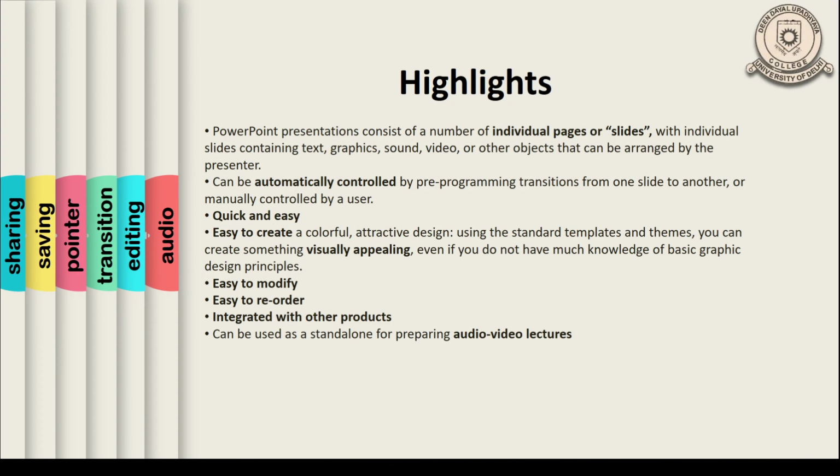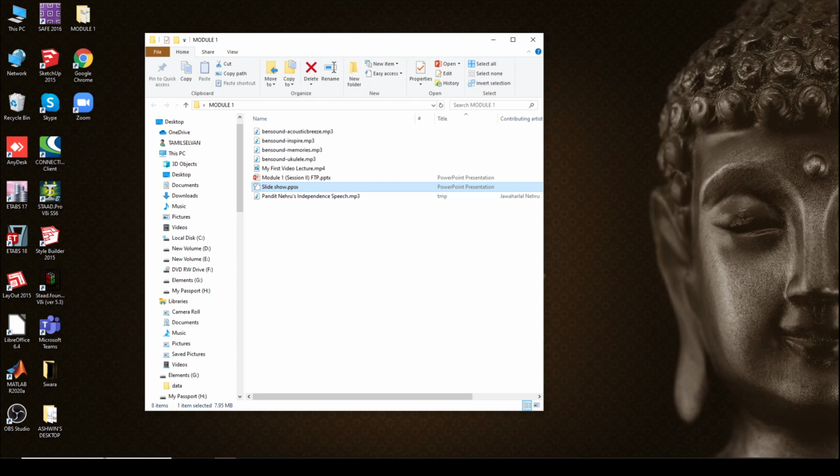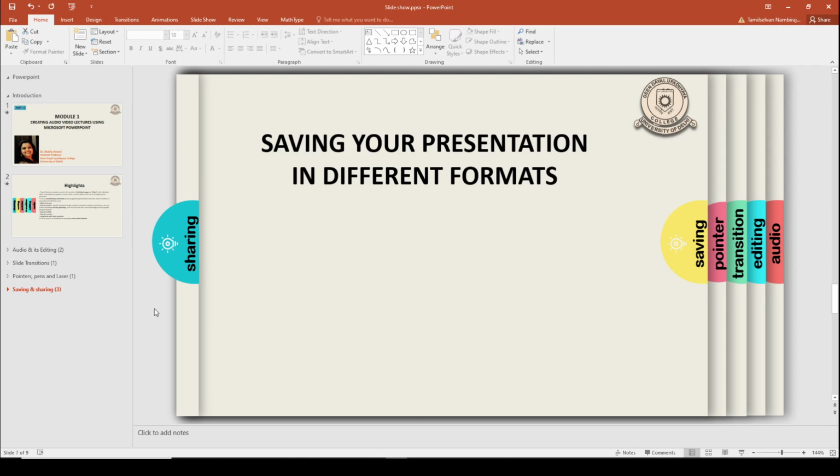So it opens up as a slideshow and the students can see it. No one can disturb the content that you have in your slide. So this is the best way of saving the presentation as a slideshow, because this is how you can prevent your data from being stolen, edited or deleted or played with.